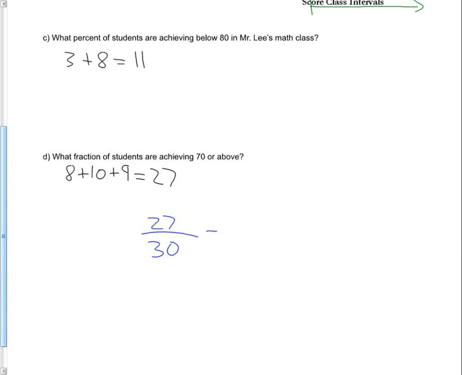If I take 27 and divide it by 3, I'm left with 9. And if I take 30 and divide that by 3, I'm left with 10. So as a fraction in lowest terms, 9 out of every 10 students in Mr. Lee's math class happen to be getting a mark of 70% or higher, which is pretty impressive.